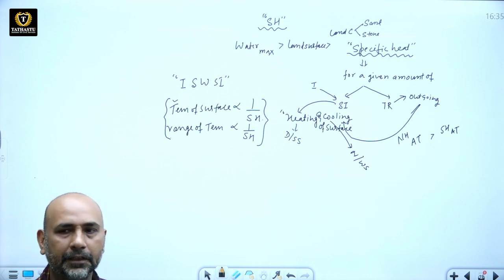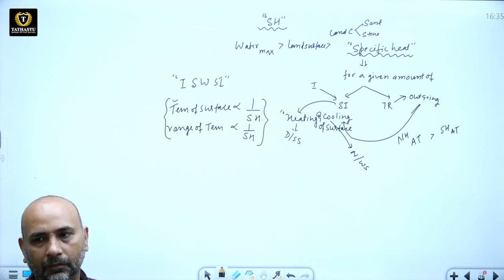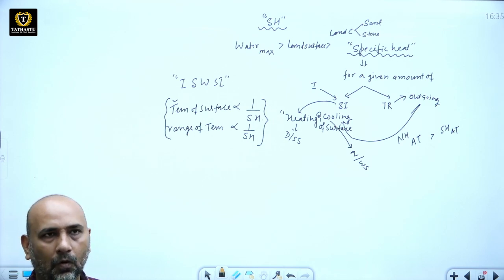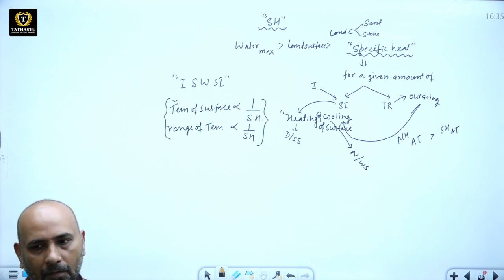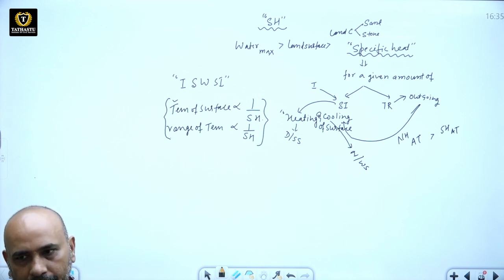And in the winters, oceanic surface is warmer than continental surface. Is it clear?